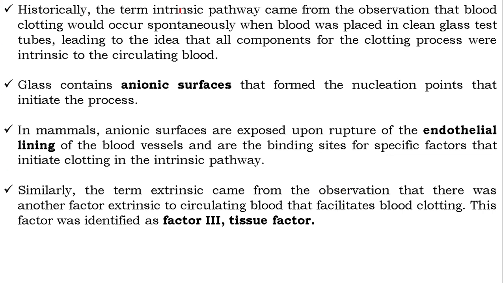The term intrinsic pathway was given from the observation that blood clotting would occur spontaneously when the blood is placed in a clean glass test tube. So even if the blood is kept out of the body, still the blood can coagulate.